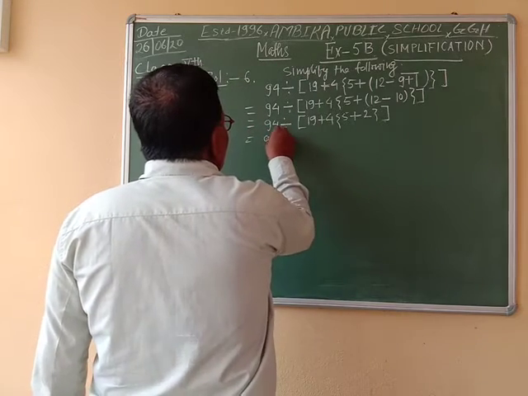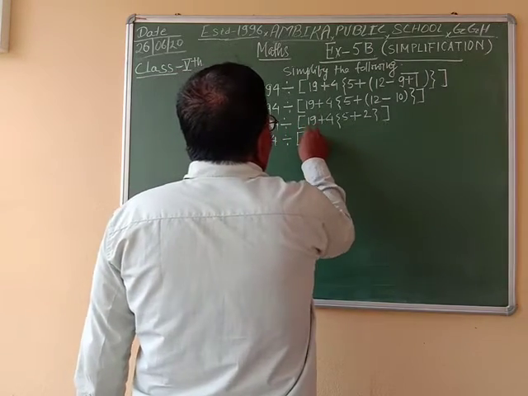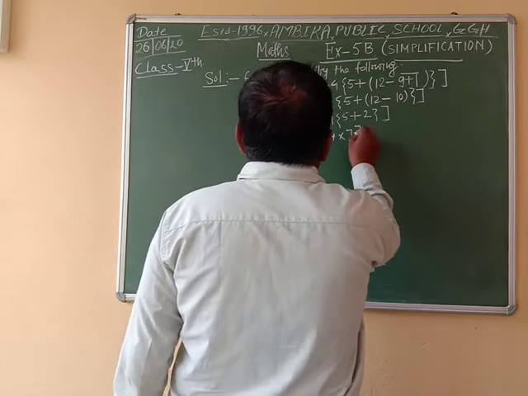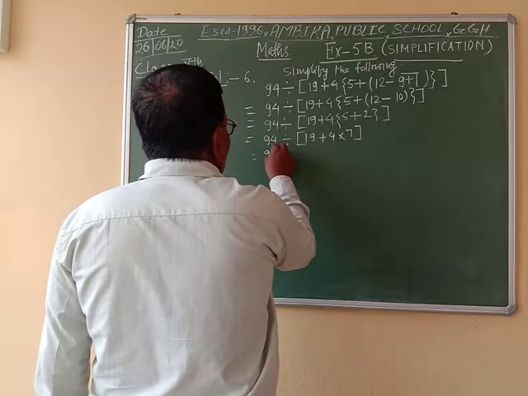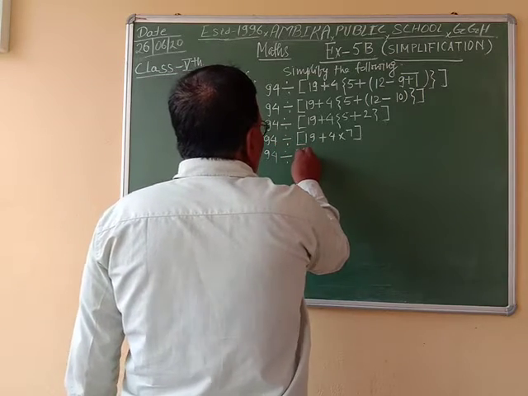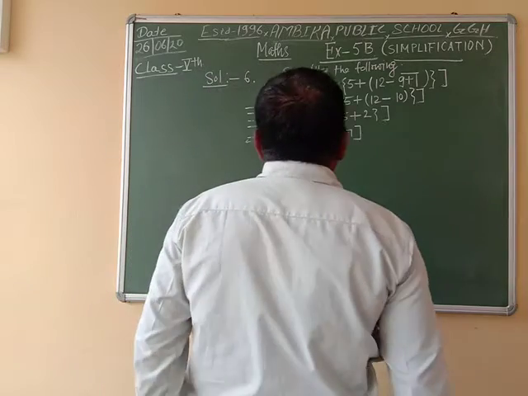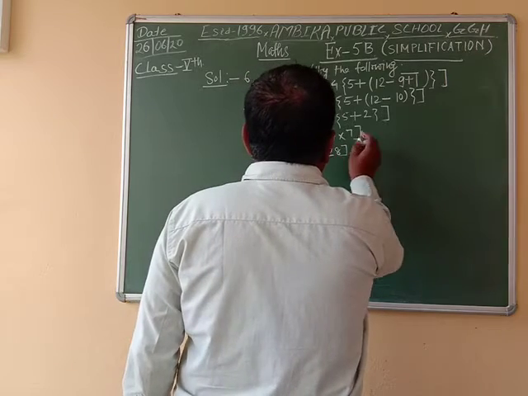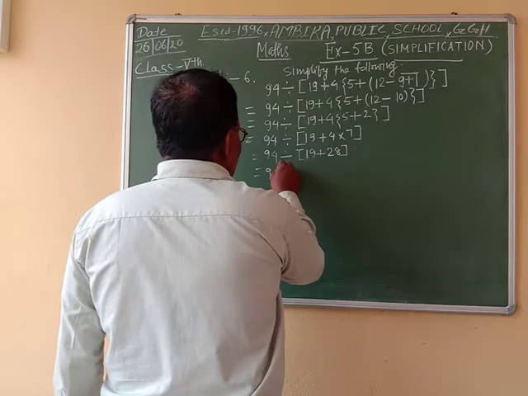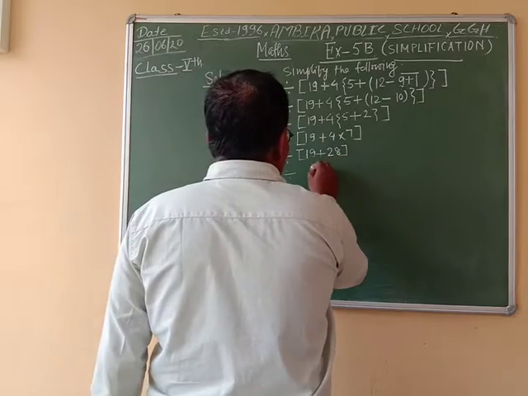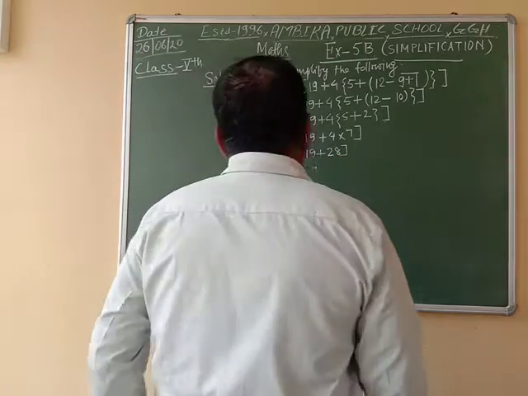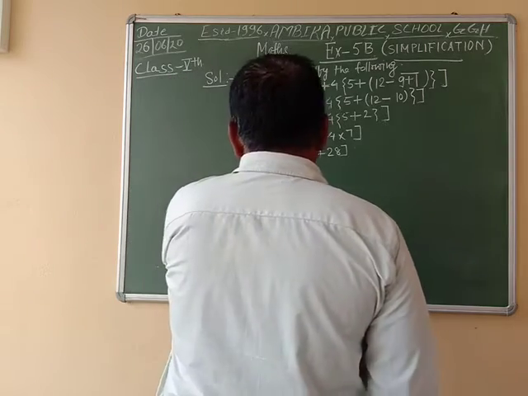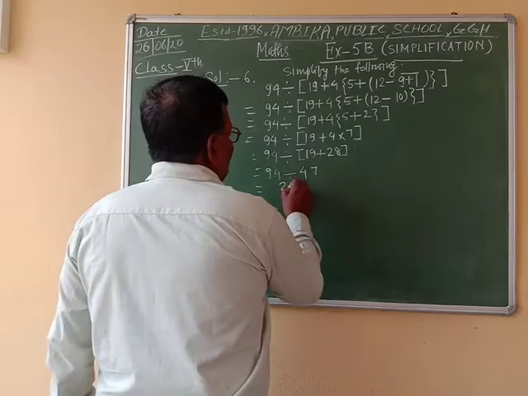Equal to 94 divided by 19 plus 4 into 7, which is 94 divided by 19 plus 28. And if we divide 94 by 47, we get 2.